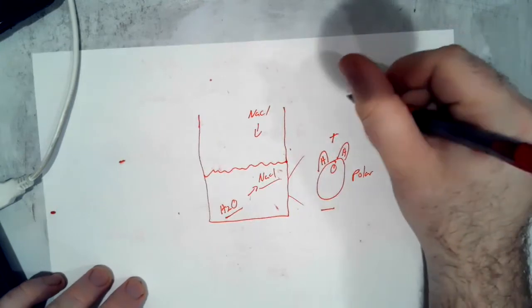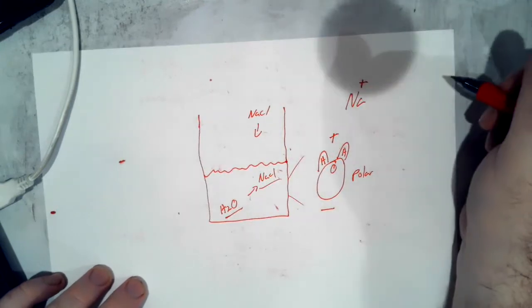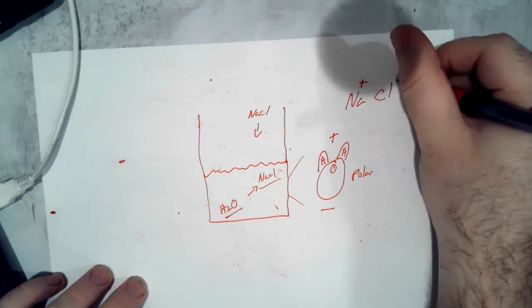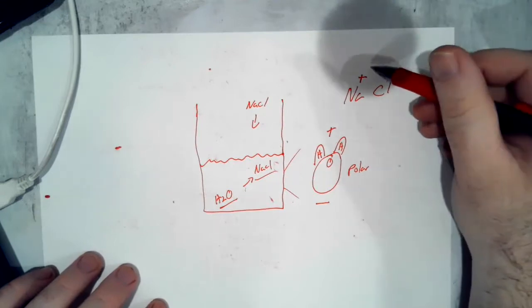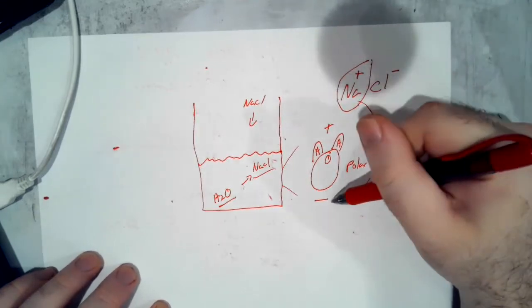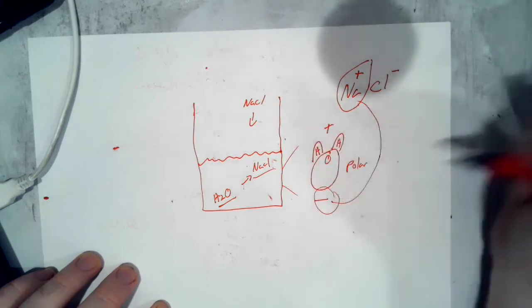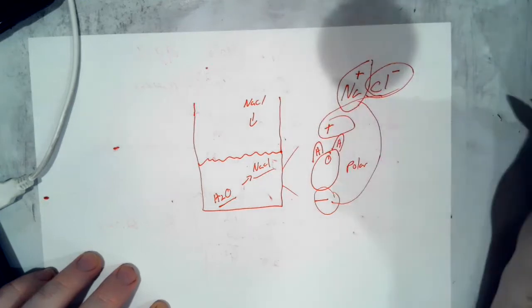Now, sodium chloride is very similar. Sodium has a positive charge, while chlorine has a negative charge. Well, opposites attract. So sodium is going to hook up with oxygen down here. Chlorine is going to hook up with the hydrogen up here.